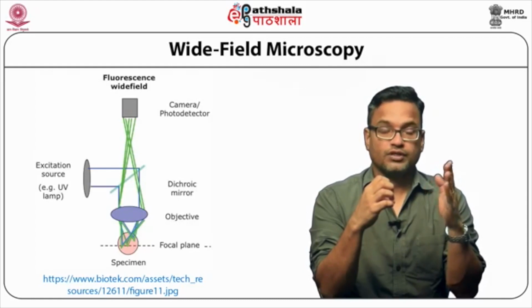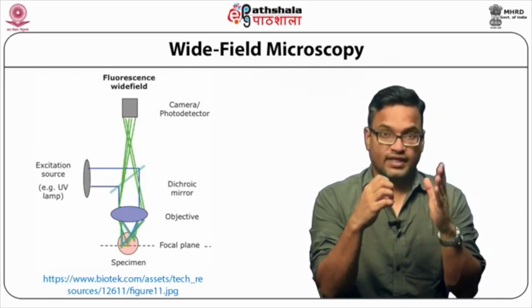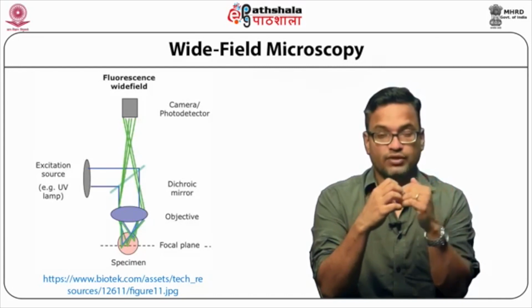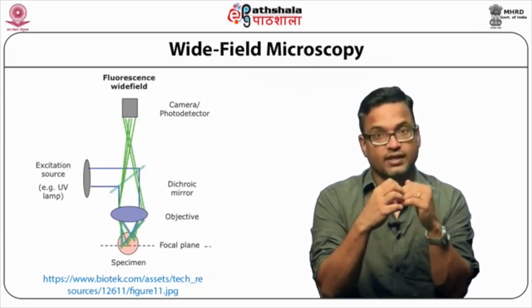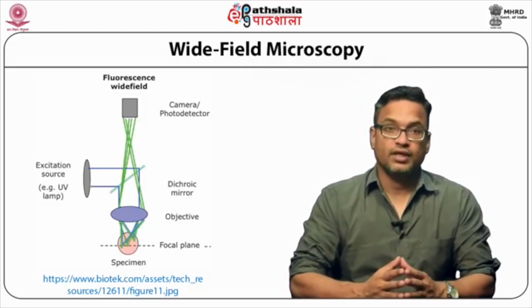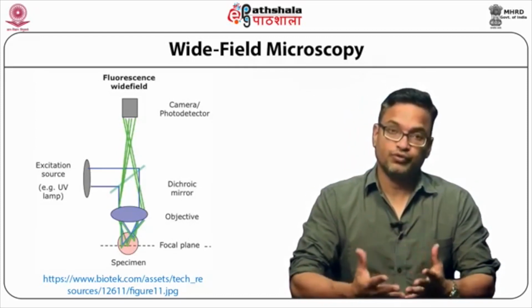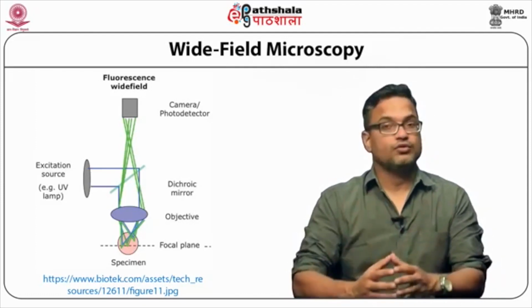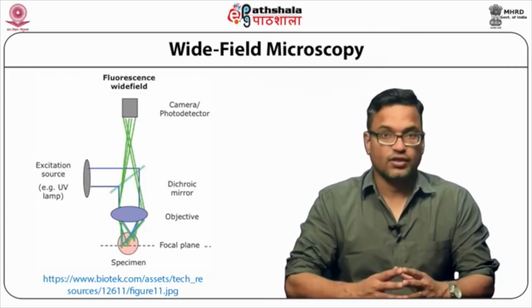But if they are in close proximity, this fluorophore gets excited and the resulting emission wavelength will be utilized by this other fluorophore to get excited, resulting in a fluorescence signal. So this technology has been extensively used by cell biologists to understand whether two proteins are in close proximity or not, or whether they are interacting or not.